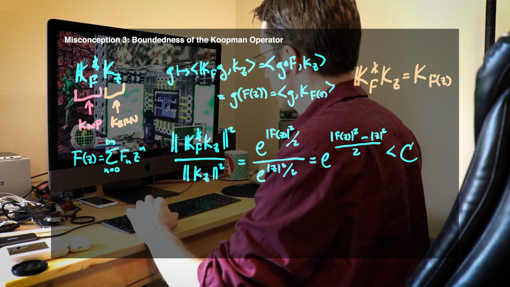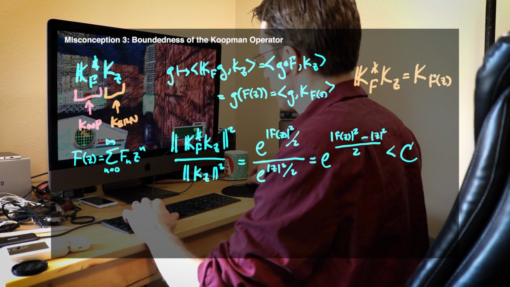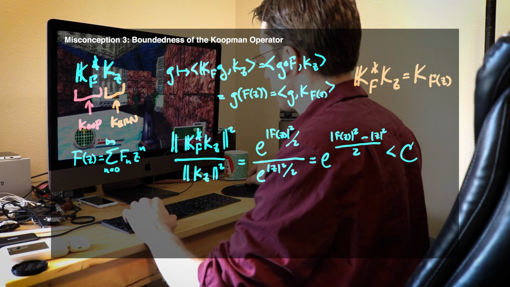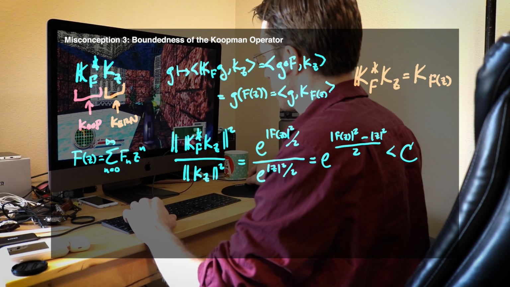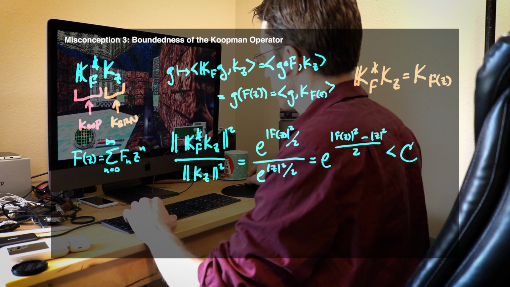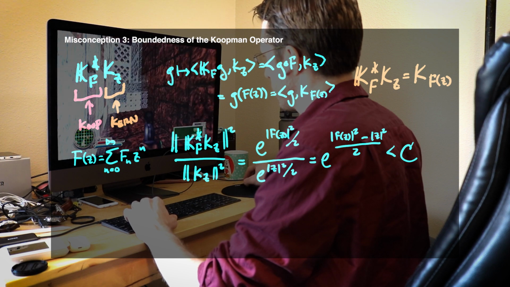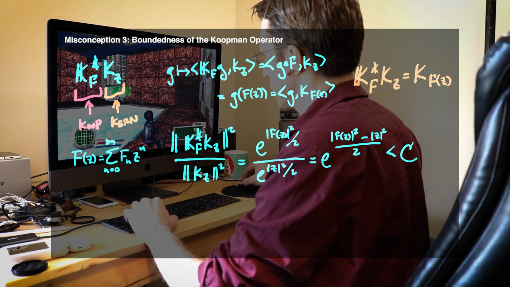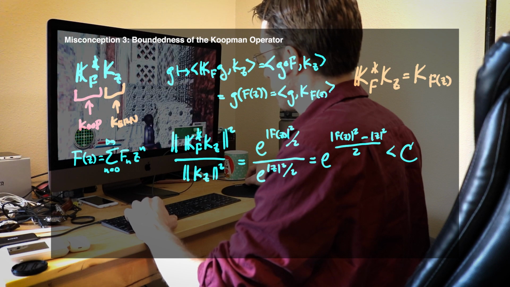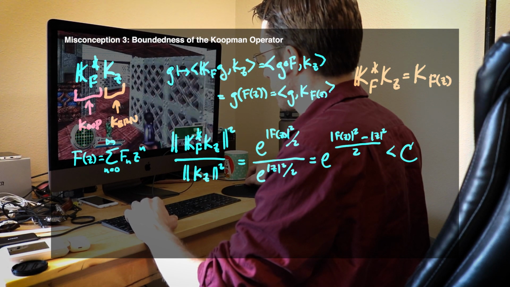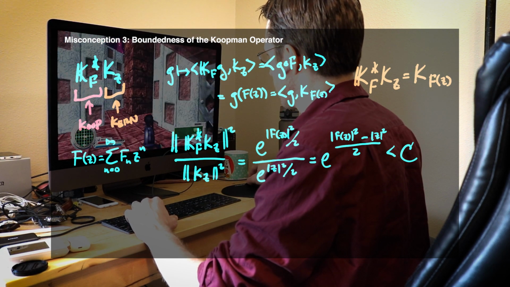And so using your usual exponential rules, this is just real numbers, then we suddenly get this is equal to e to the (|f(z)|^2 minus |z|^2) divided by 2. And if this Koopman operator was bounded, then that means that this quantity can be bounded by some constant c.